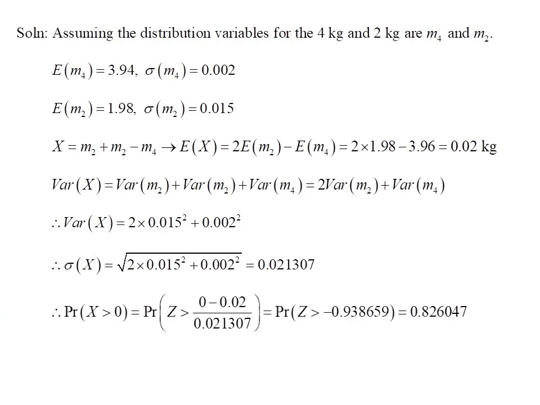Accordingly, the probability of X greater than 0, which means the mass labeled 4 kg moves up, equals the probability of Z greater than 0 minus 0.02 over 0.021307 after being standardized, which equals 0.826047. Therefore, the answer for question 20 is C.